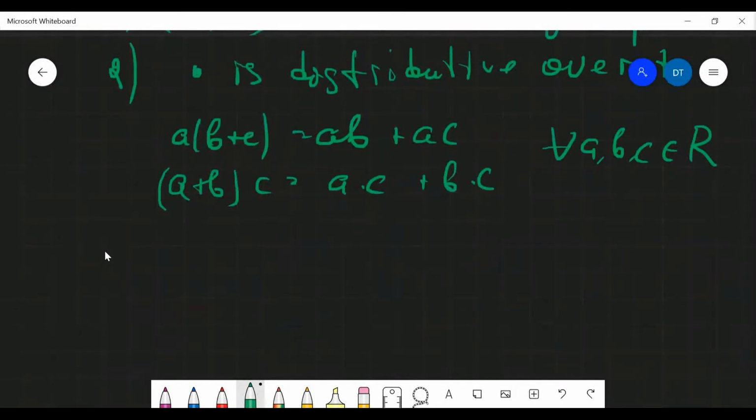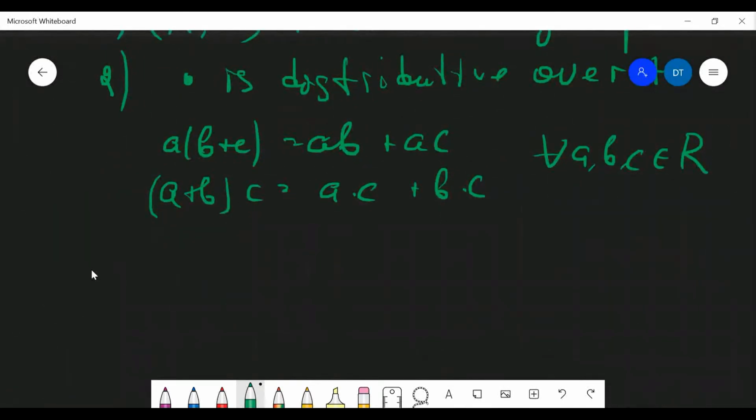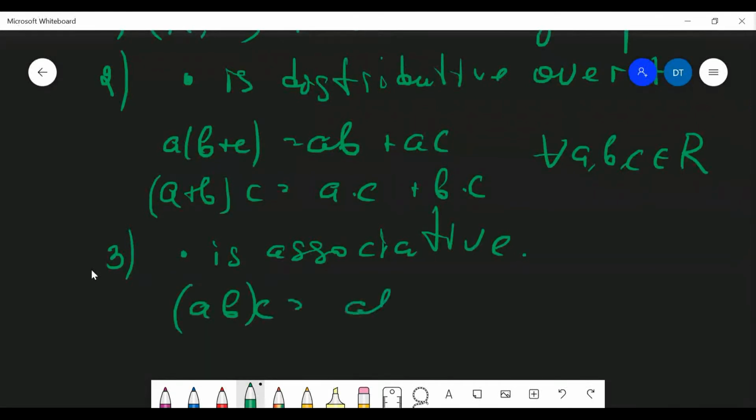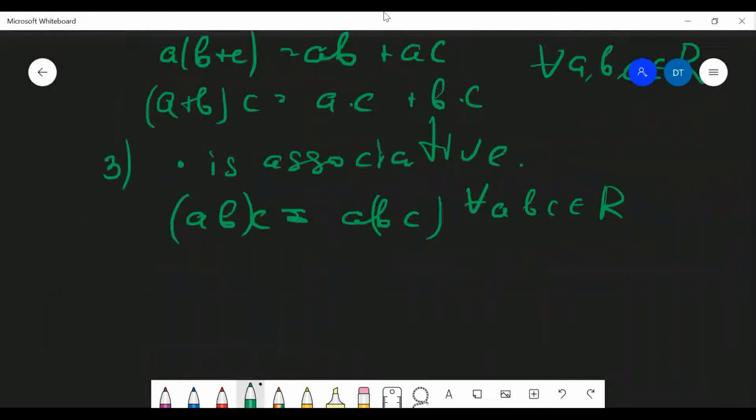And now we want multiplication to be not very bad. First of all, we want multiplication to be associative, which means that (AB)C and A(BC) are the same for all elements A, B, C from R. And I will also pose the condition that there is a neutral element for the multiplication.